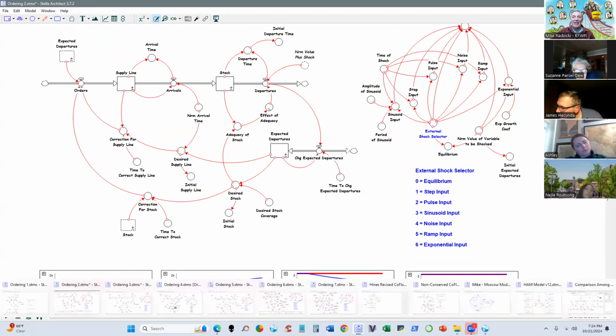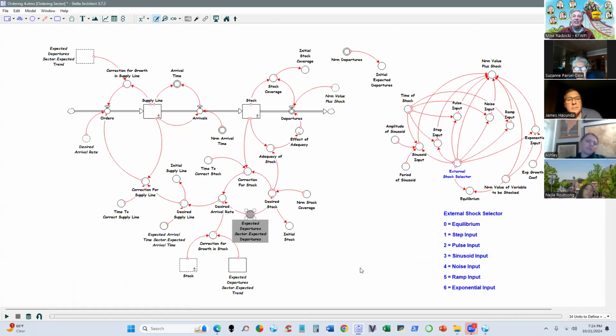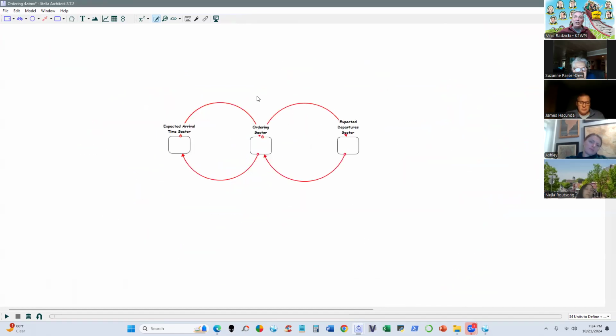I put this in a different format initially, and then I said I shouldn't do that because I want it to be consistent. But then I said I'll leave it to show them a slightly different way to do it. So I did the modules, what I like to call sectors. So see here, expected departures.